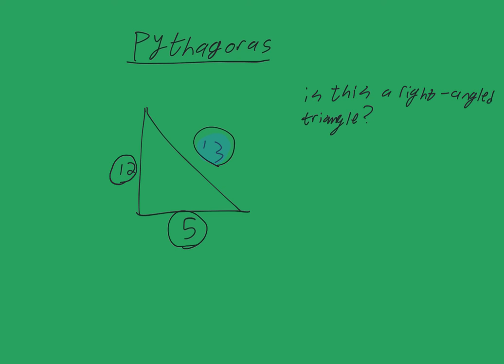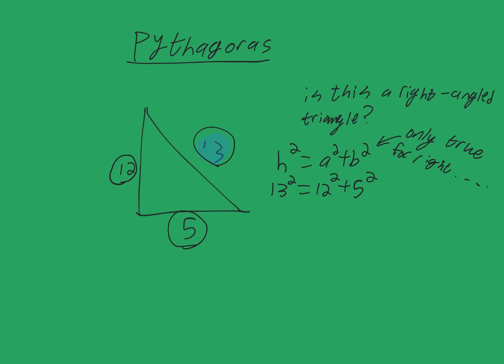So we would use the same formula, h squared is equal to a squared plus b squared. And if we can show that 13 squared is equal to 12 squared plus 5 squared, then we will have shown that this is a right-angled triangle. Because remember that this formula is only true for right-angled triangles.